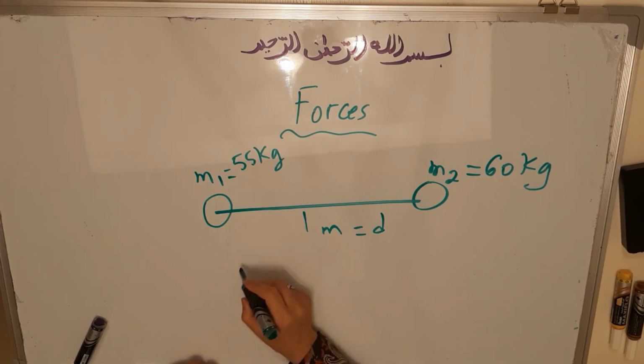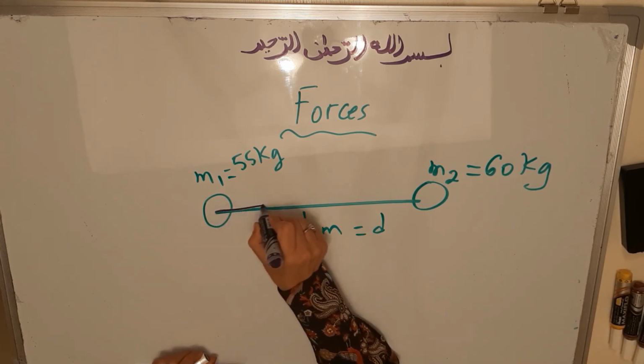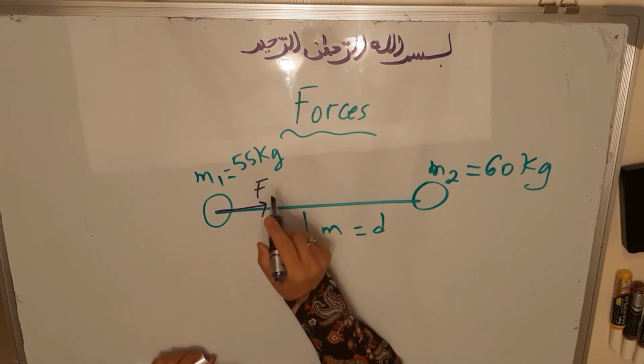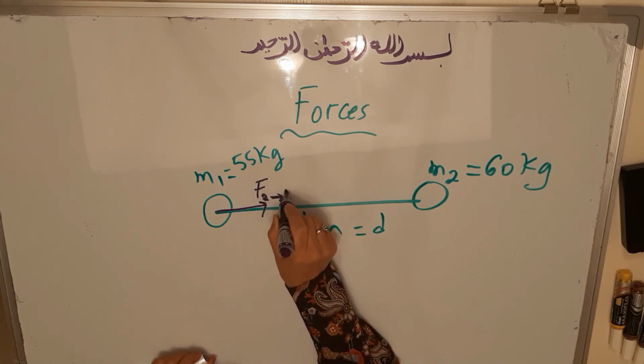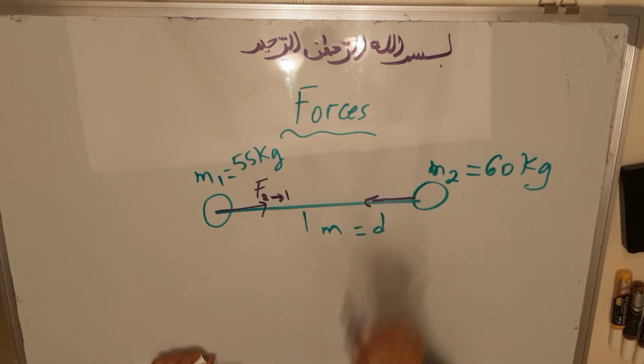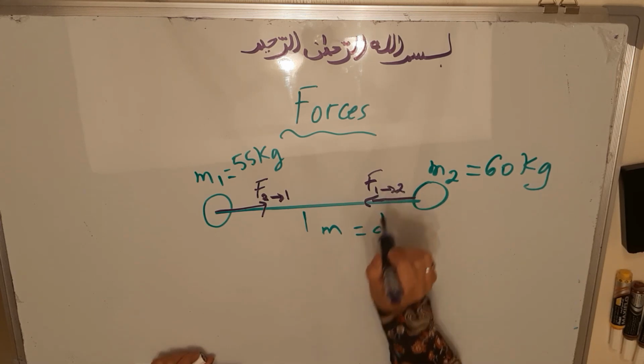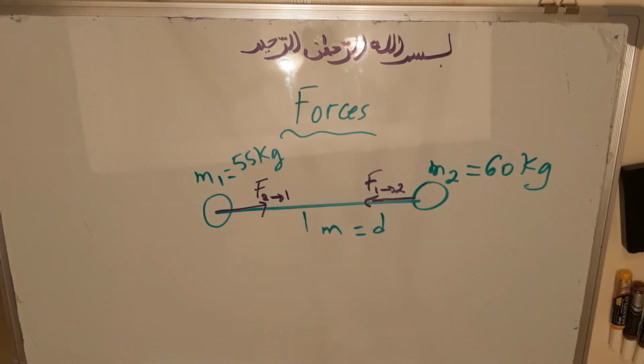They are going to be attractive forces. This is the force that 2 applies on 1, and this is the force, action-reaction, that 1 applies on 2, and they have the same magnitude.